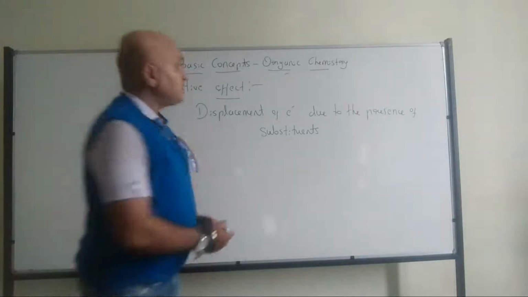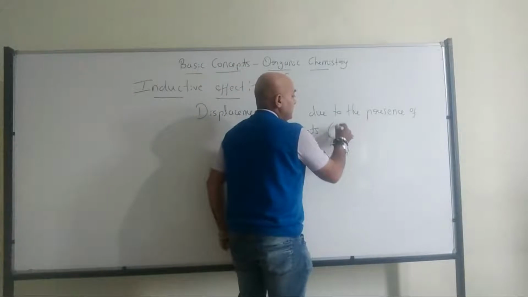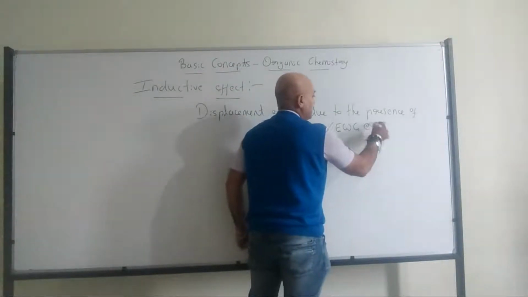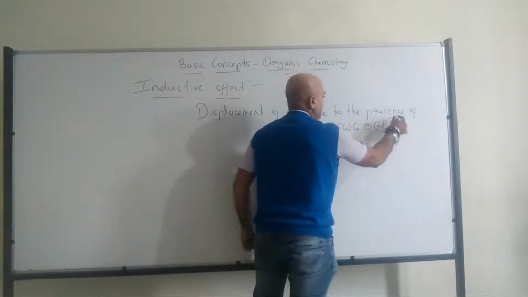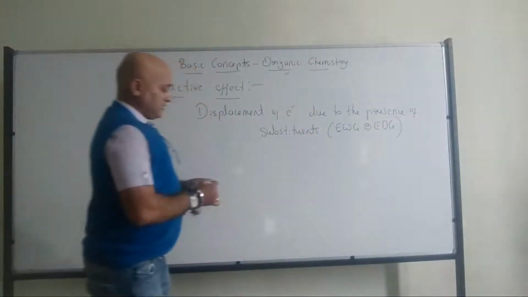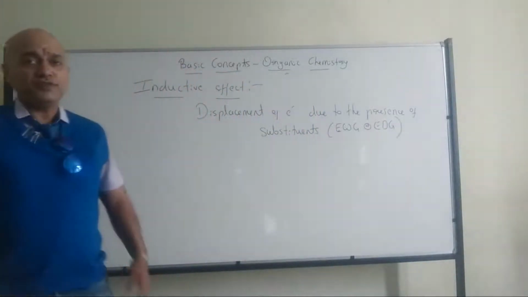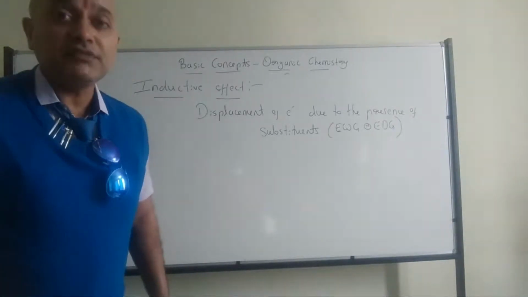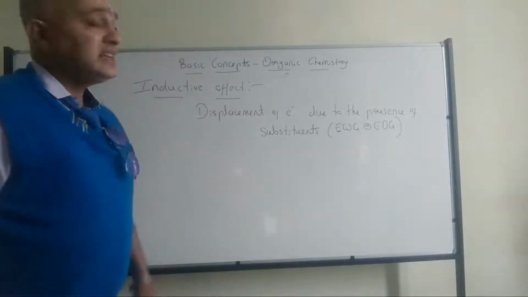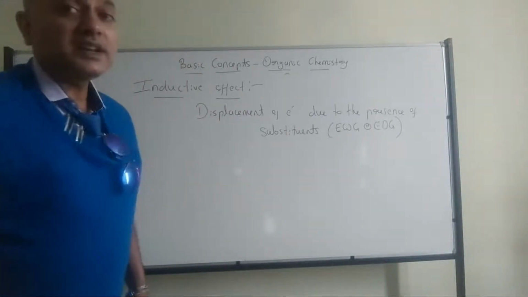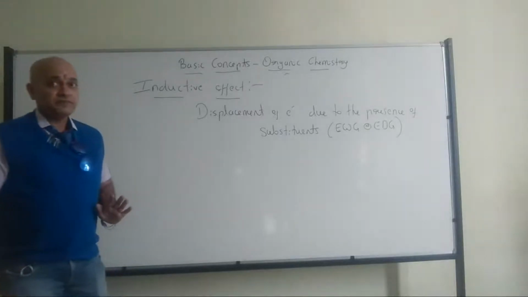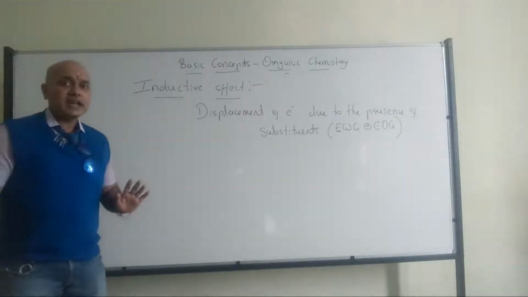And all of us know substituents can be either electron withdrawing substituents or electron donating groups. That's what we have seen just before when it comes to resonance, positive and negative resonance. These can be the substituents. Okay, whether I am clear?